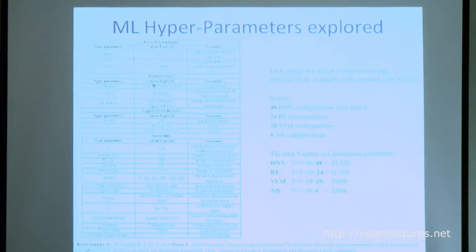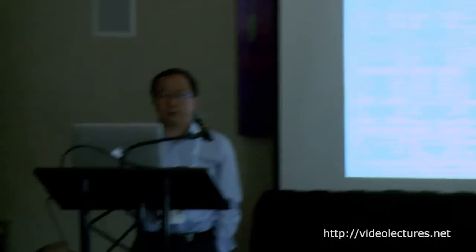For example, for random forest: the number of trees, how you build the decision tree, using Gini index or entropy, and maximum features. For support vector machine: which kernel do you use? What's the parameter C, this magical parameter C, and then there's gamma. And for neural nets, we also list a number of parameters.